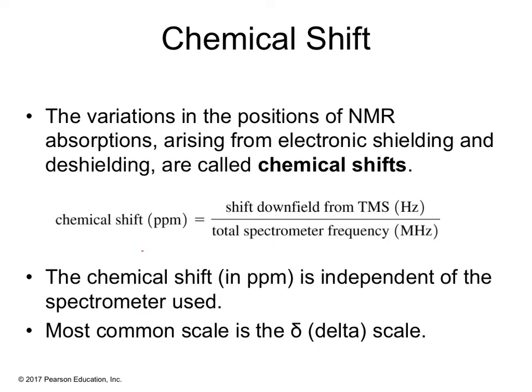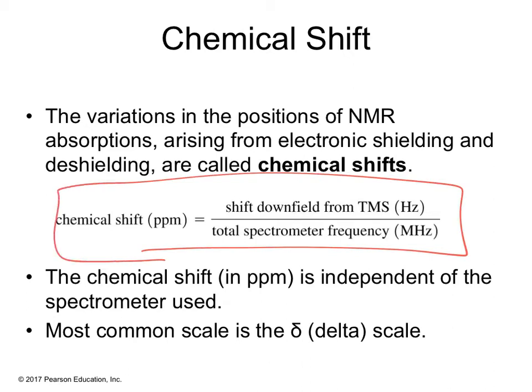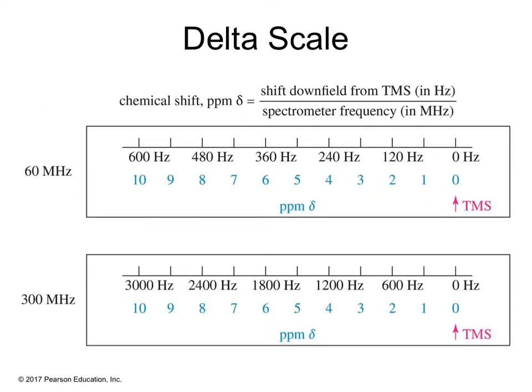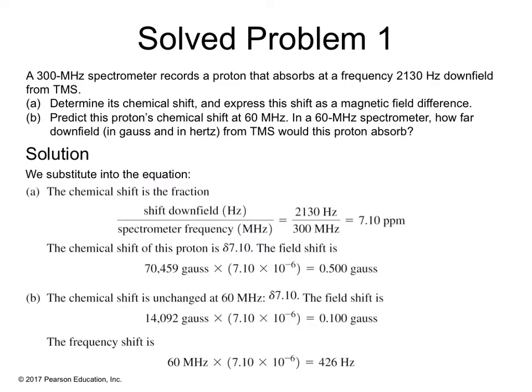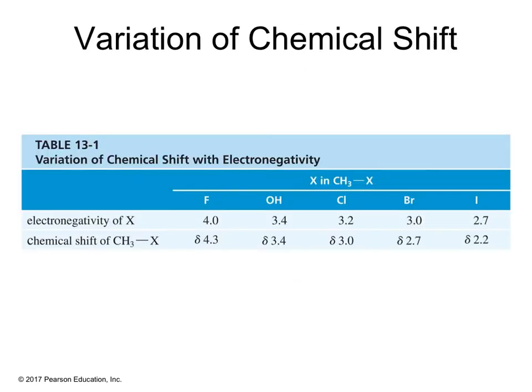Okay, so I have had to use this math before, because if you use like a 650 megahertz NMR, then you're going to have to do this math to show what your chemical shift would be. But you won't have to do that unless you're publishing. All right, and that's what they're showing you here. I'm not going to worry about that.